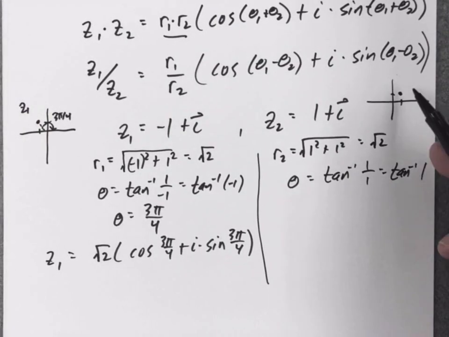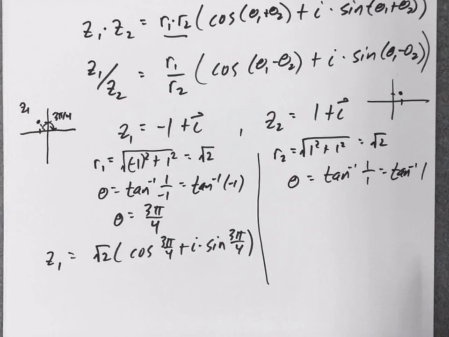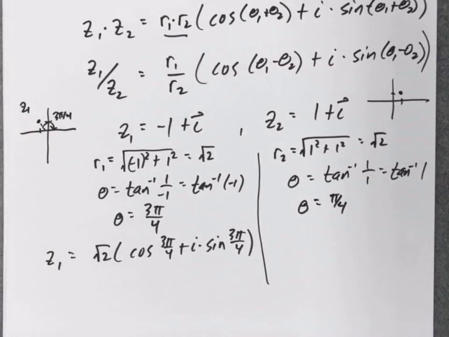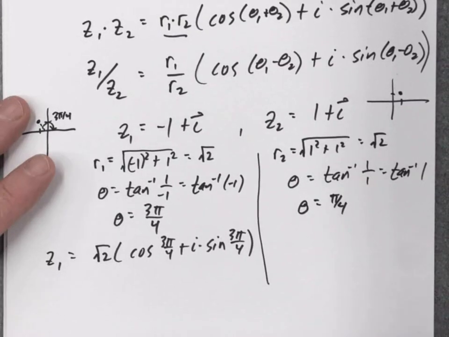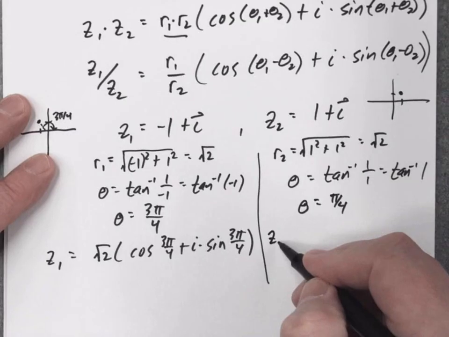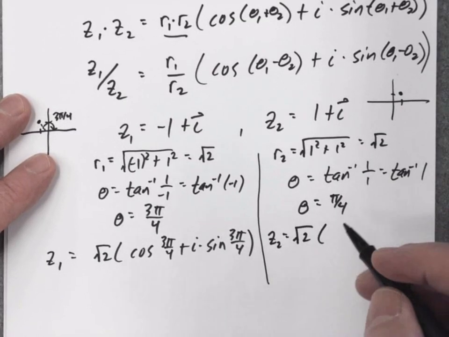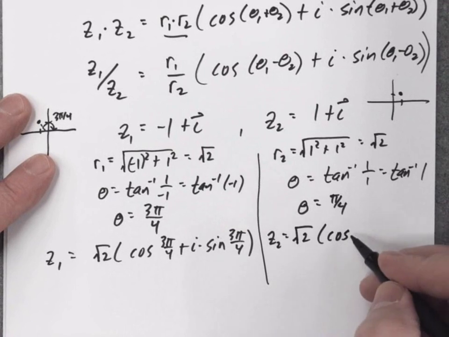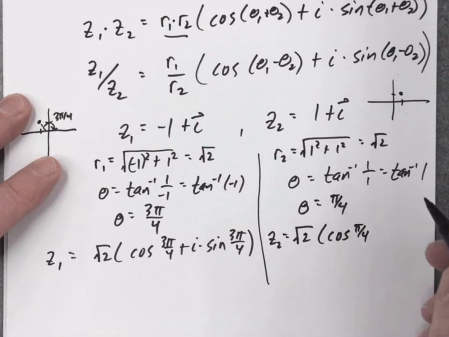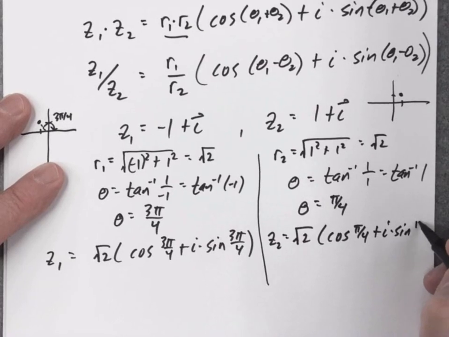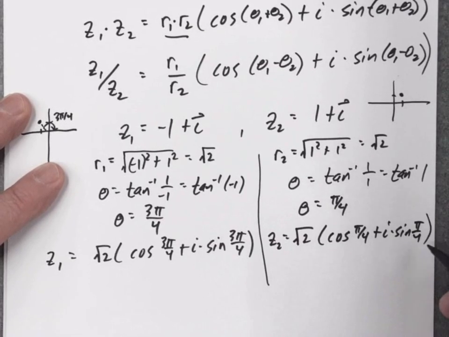So basically I say, what's the angle where the tangent is 1 in this first quadrant? And it's pi over 4. So therefore, this second complex number is my r, square root of 2, my angle is pi over 4, plus i times sine pi over 4.